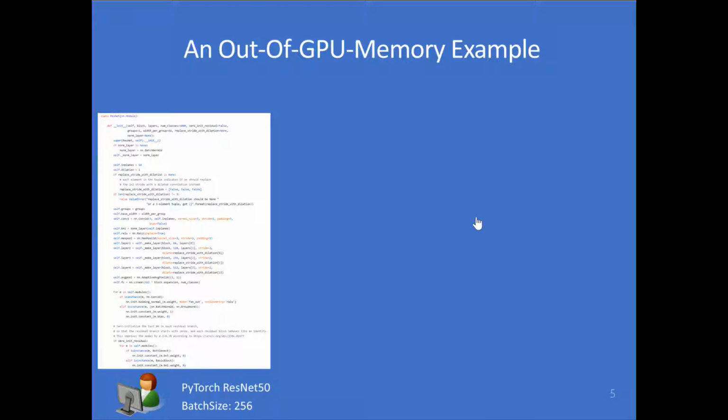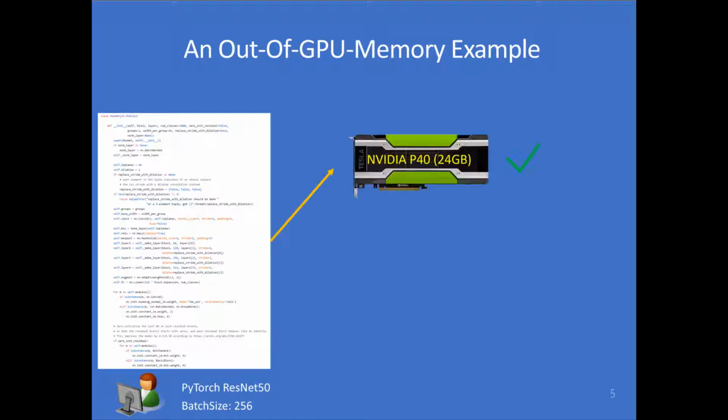However, since the GPU memory consumed by a DL model is often unknown before the training or inference job starts running, an improper model configuration can cause such a job to run out of the limited GPU memory and fail. As shown in the figure, if a PyTorch ResNet 50 training job with a batch size of 256 is scheduled on the P40 GPU, it will execute normally and consume 22 GB of memory.